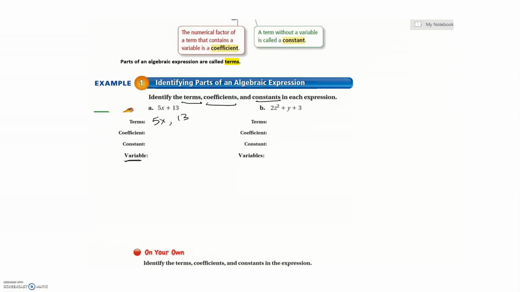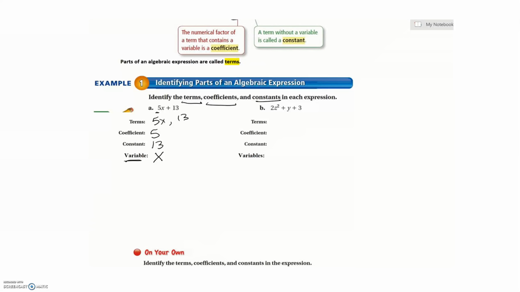Coefficients are just the number in front of variables, so the 5 is the coefficient. Constants are just regular numbers that do not have variables attached to them, so that would be 13. And our variable in this situation is just an x.